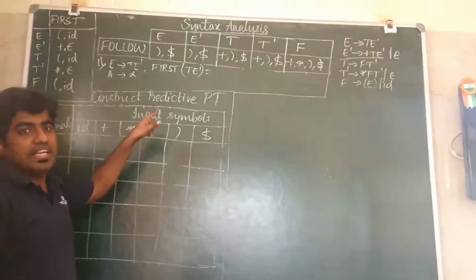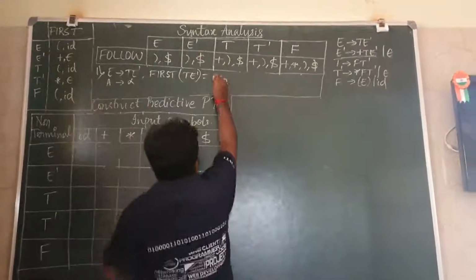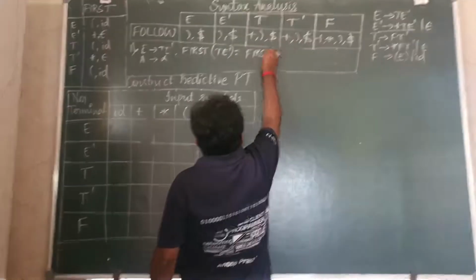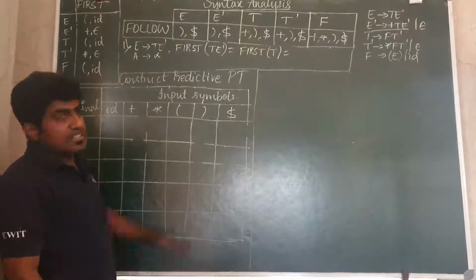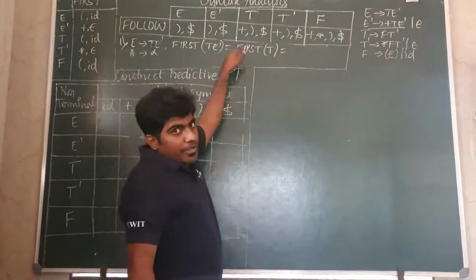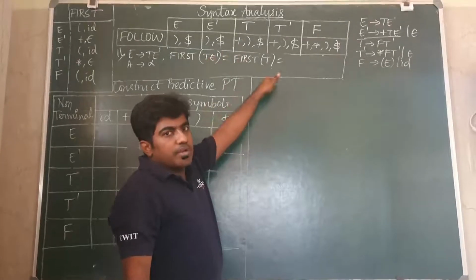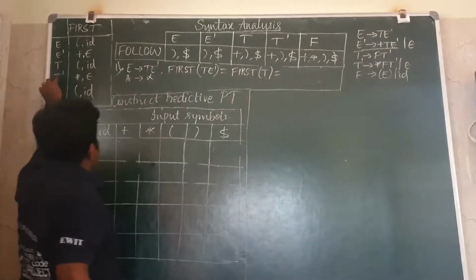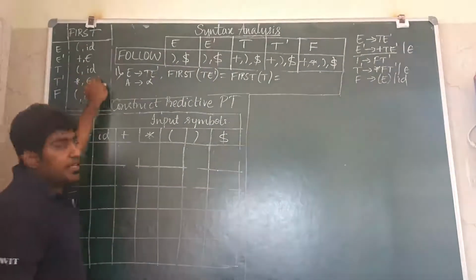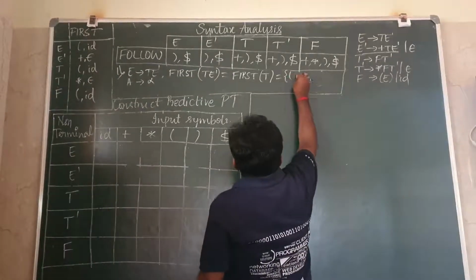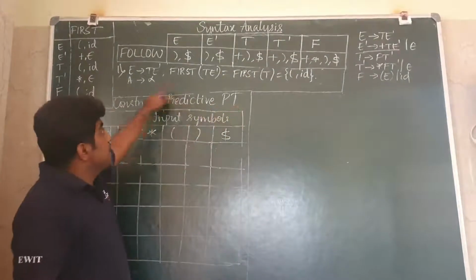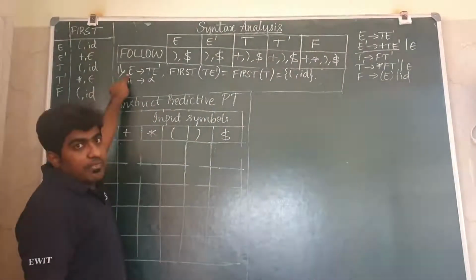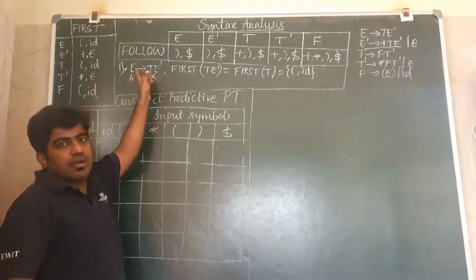First of alpha is first of TE dash, which is first of T. If a terminal were there we would have included it, but there is no terminal, so we take first of T. First of T we have already calculated: opening bracket and ID. So for these terminals and from this non-terminal we have to include this production. That is the meaning.